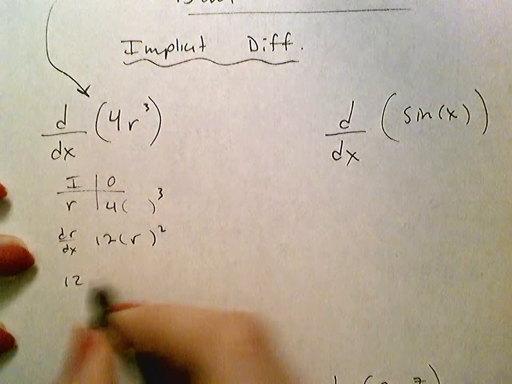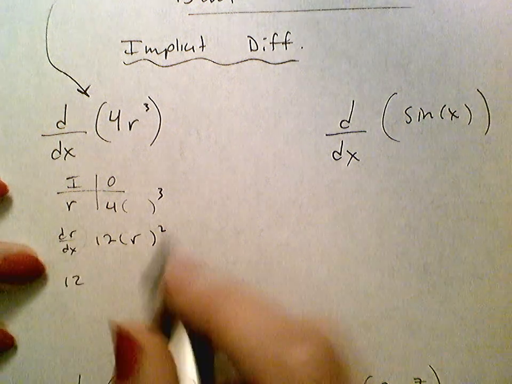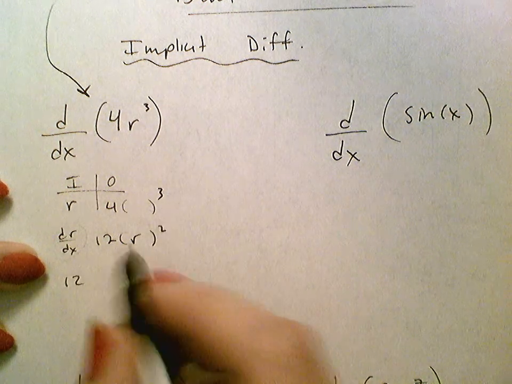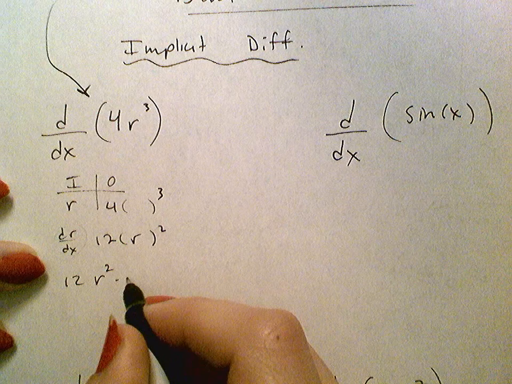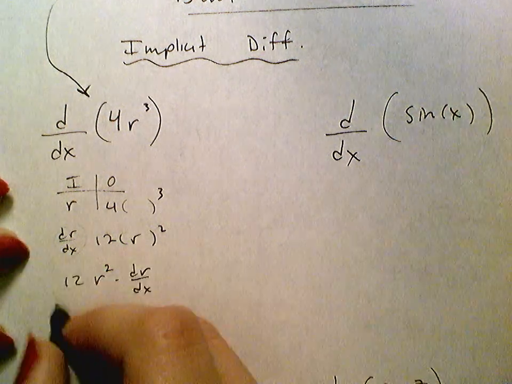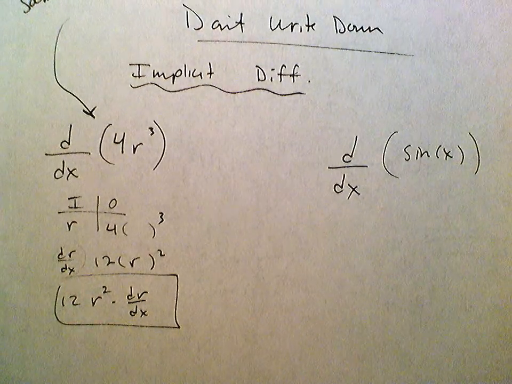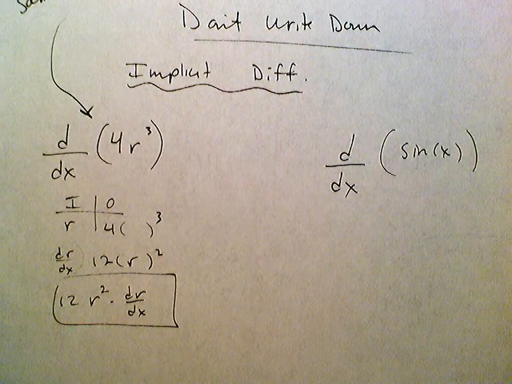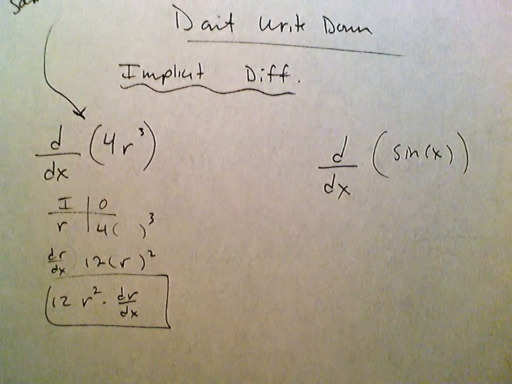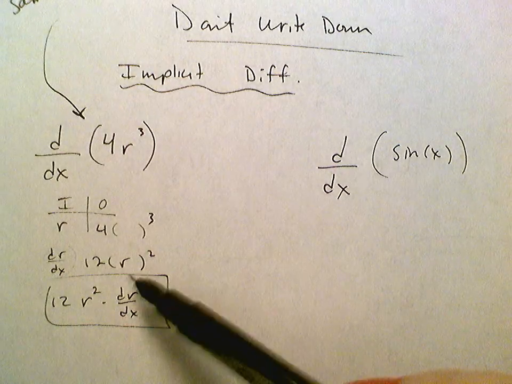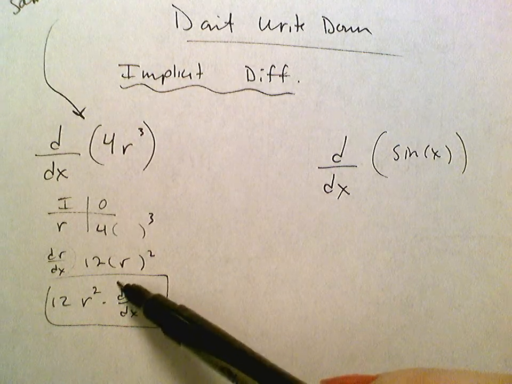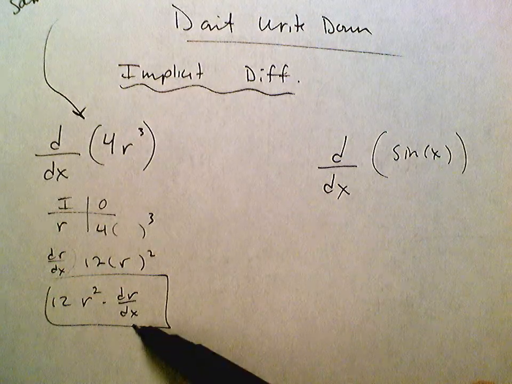And generally we write the dr dx at the end. So you go 12 r squared dr dx. That's how you do implicit differentiation. You're basically just doing chain rule on everything, but the inside derivative looks like this.